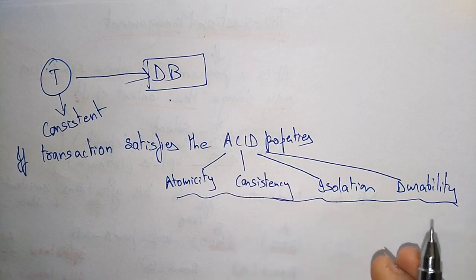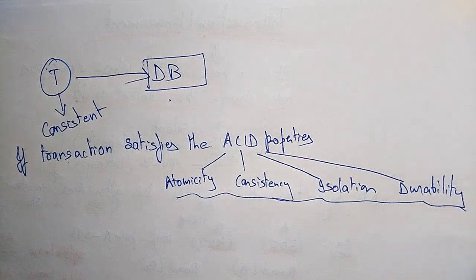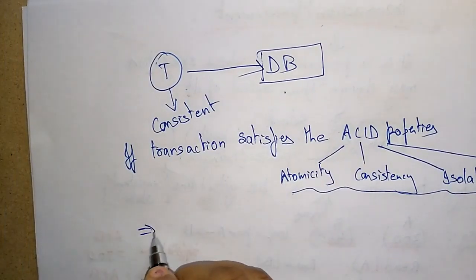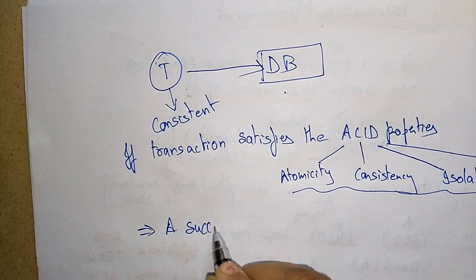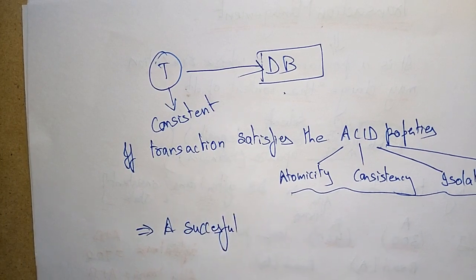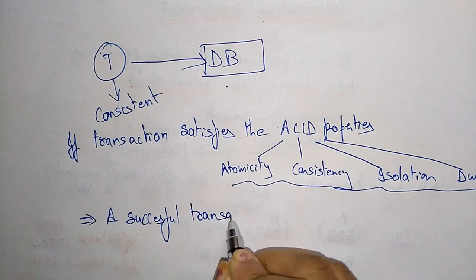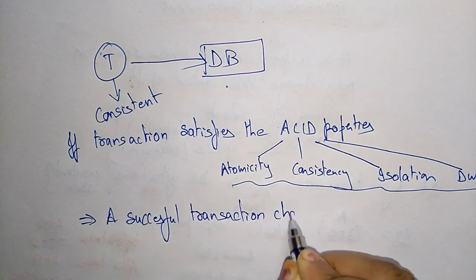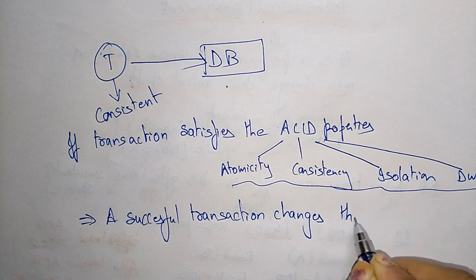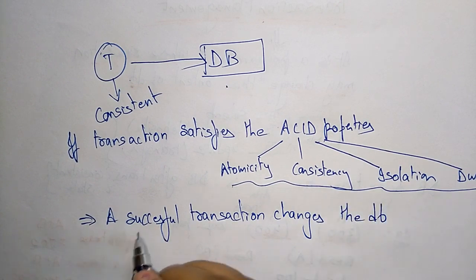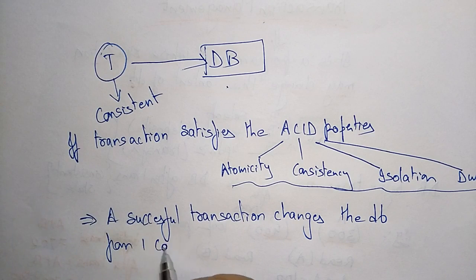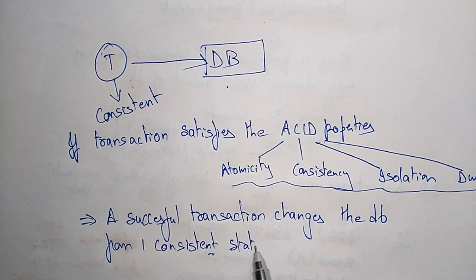So the successful transactions always change the database from one consistent state to another consistent state. A successful transaction changes the database from one consistent state to another consistent state.